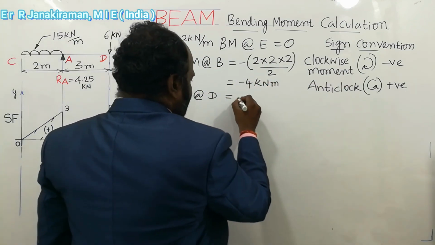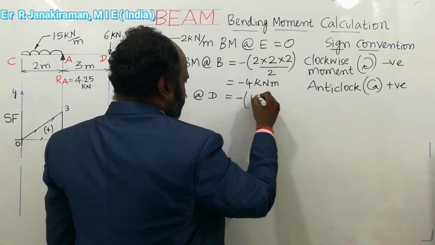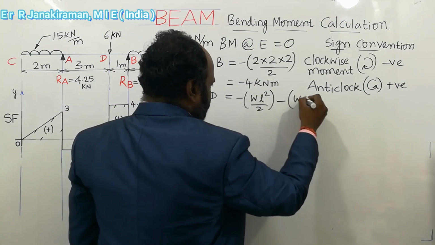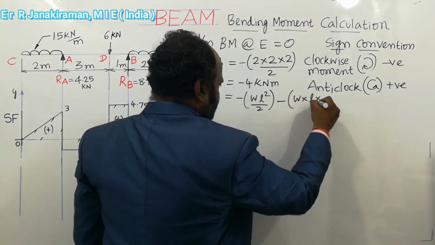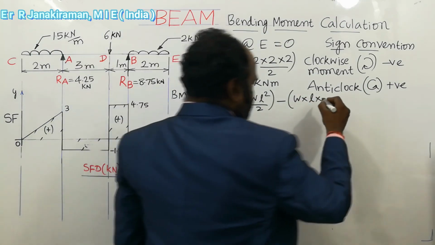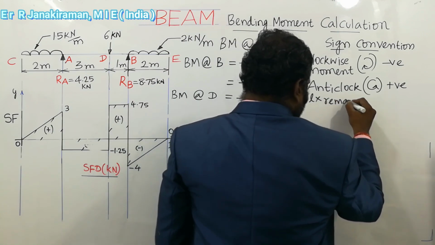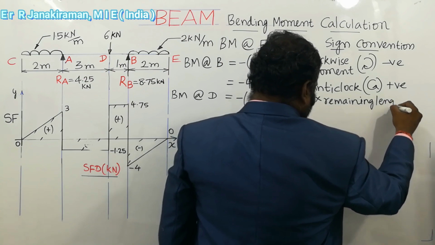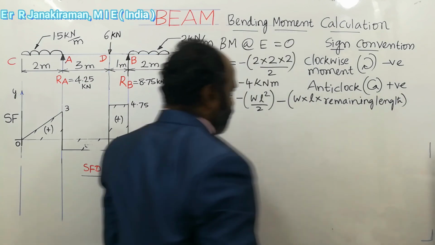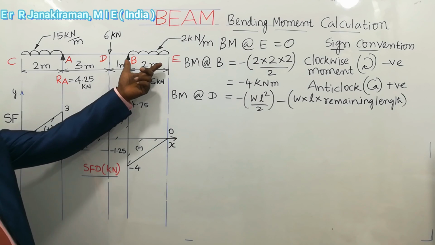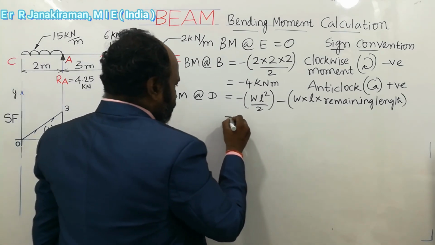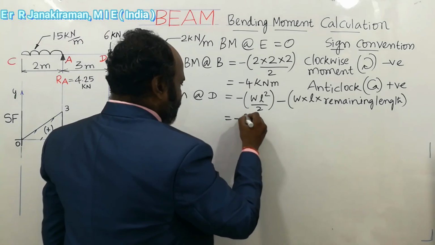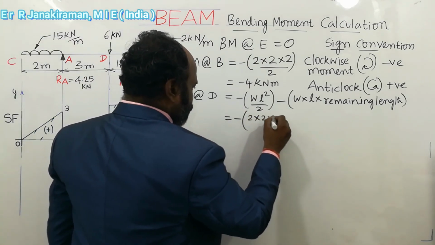So minus WL square by 2, again minus W into UDL length into remaining length. Here W, the UDL value, is 2 kilonewton, and L, the UDL length, is 2. So minus 2 into 2 into 2 by 2.